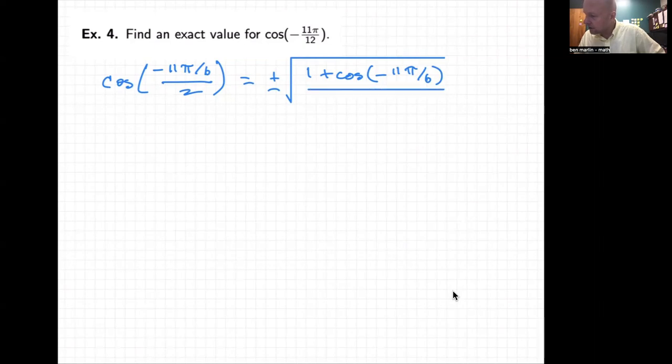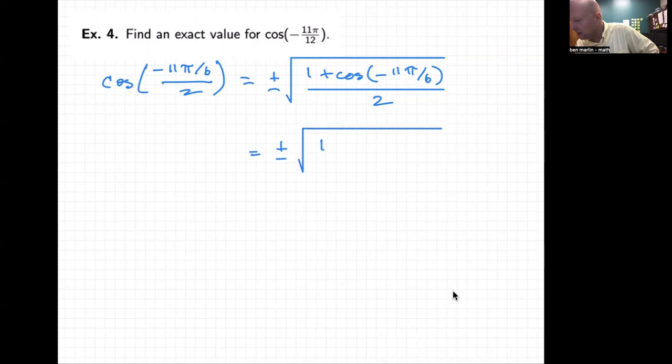over 2. That cosine of negative 11 pi over 6, because negative 11 pi over 6 was a previous example, we found out is in the first quadrant. It's going to be positive, and it has a reference angle of pi over 6. So the cosine will end up being root 3 over 2. So 1 plus root 3 over 2, all over 2. Same trick as before.